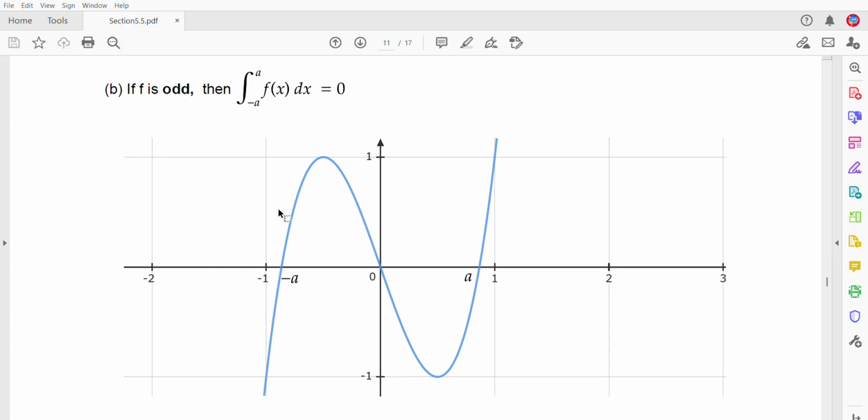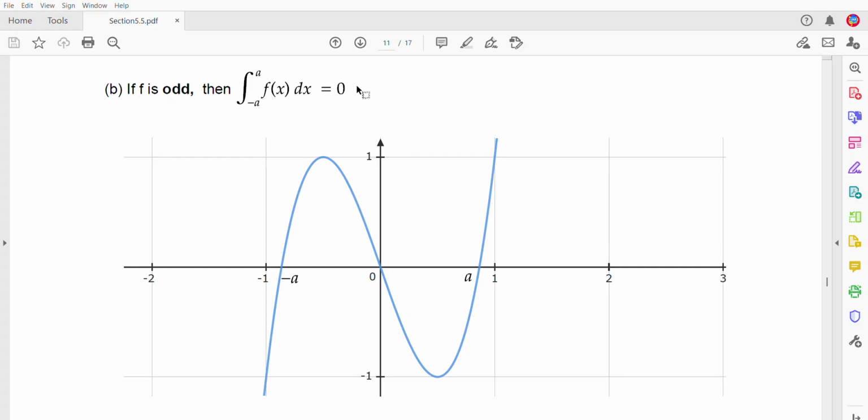You match the other side. Notice in this case, the exact amount that is below the x-axis is also above the x-axis over negative a to a. In other words, these two areas cancel each other. So the definite integral negative a to a of f of x dx is 0.